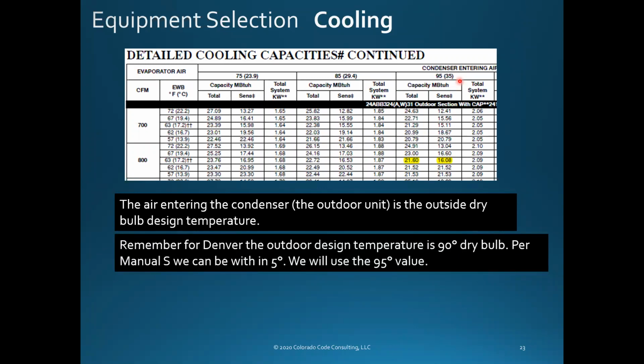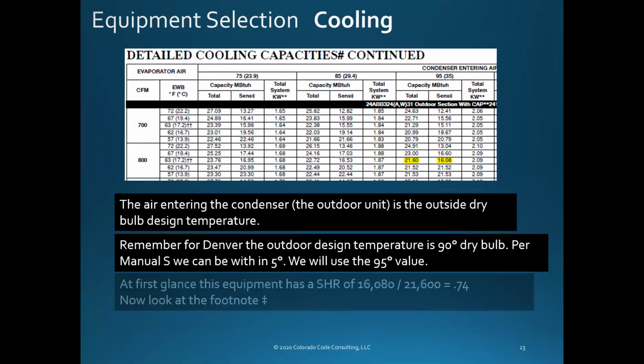Remember, the condenser on the outside is trying to cool the refrigerant, and the hotter it is, the less capacity it has. So going to 95 is perfectly acceptable. You can actually interpolate between the two if you want, but there's really no need to. This will work perfectly fine.